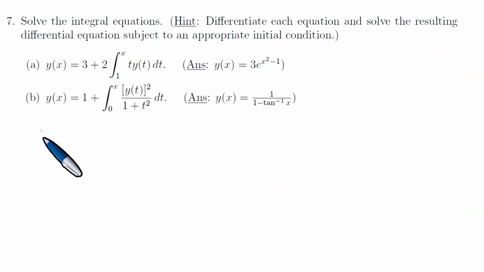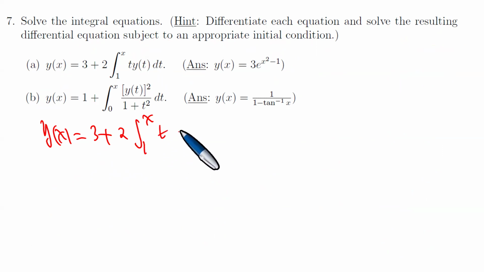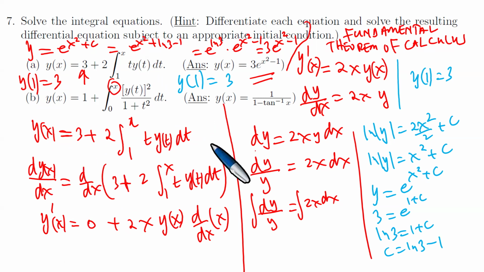Okay, let's look at these. It is y of x is 3 plus 2 times the integral from 1 to x of t y of t dt. We need to get an initial condition. Why do we need the y equals 3? We need it because we need to get the value of c, the constant of integration.